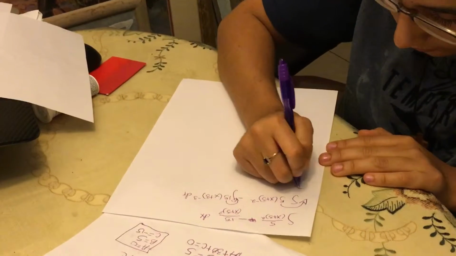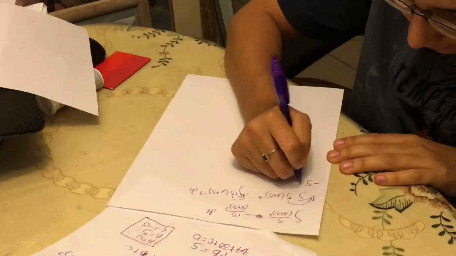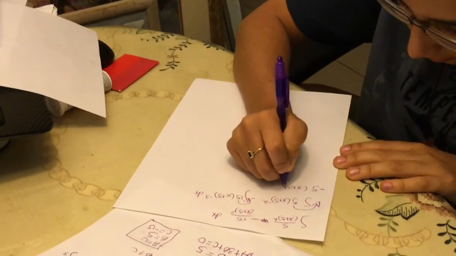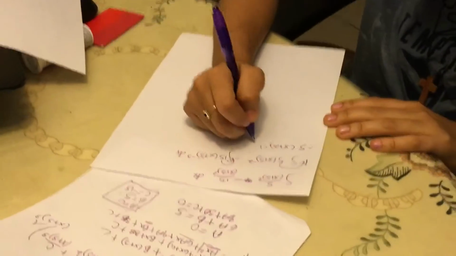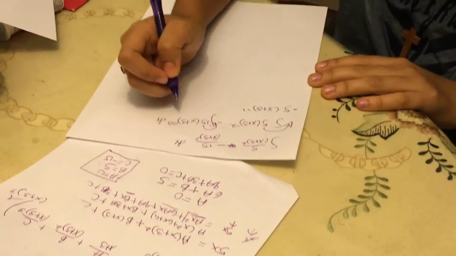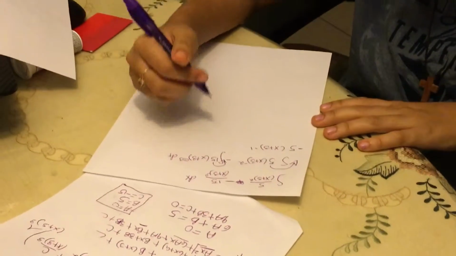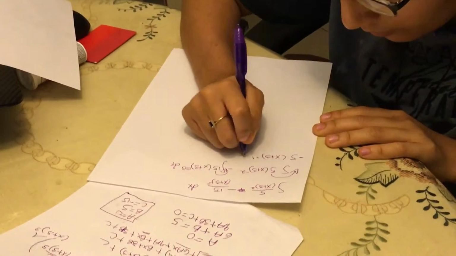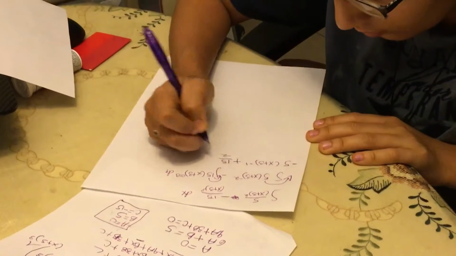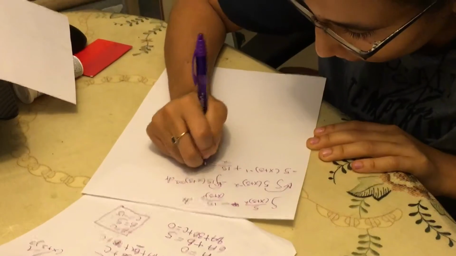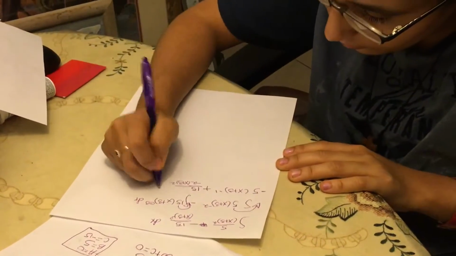So it's going to be -5, because when we raise this it's still going to be negative, x plus 3 to the -1, minus, but then it's going to be positive because this is a negative, and when you raise it, it's going to be -2. So when you divide by -2, it's going to be positive, so it's 15 over -2 times x plus 3 squared, plus c.